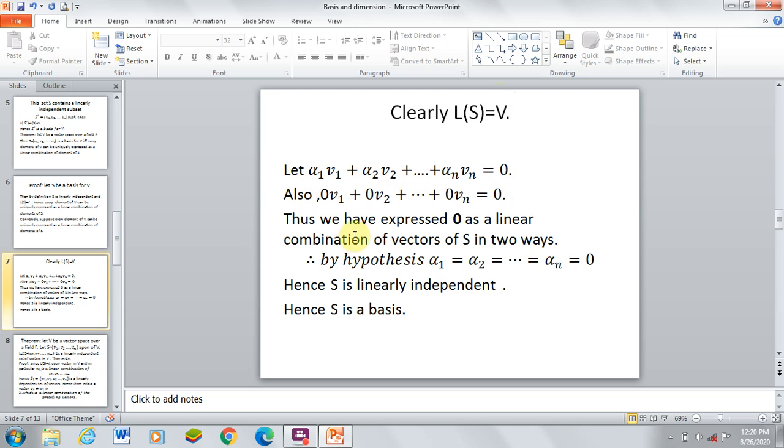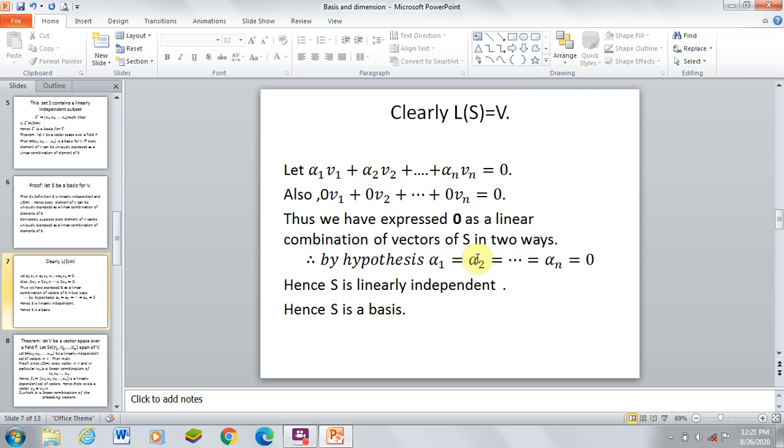Also, 0 v1 plus 0 v2 plus 0 vn equals 0. Thus, we have expressed the zero vector as a combination of S in two ways. Comparing that, alpha 1 equals 0, alpha 2 equals 0, alpha n equals 0.